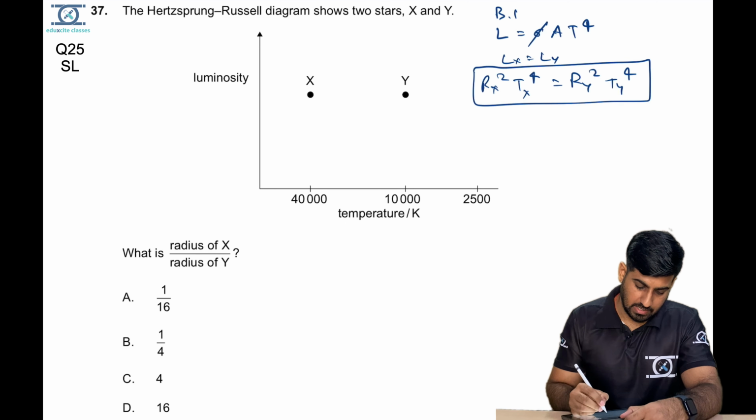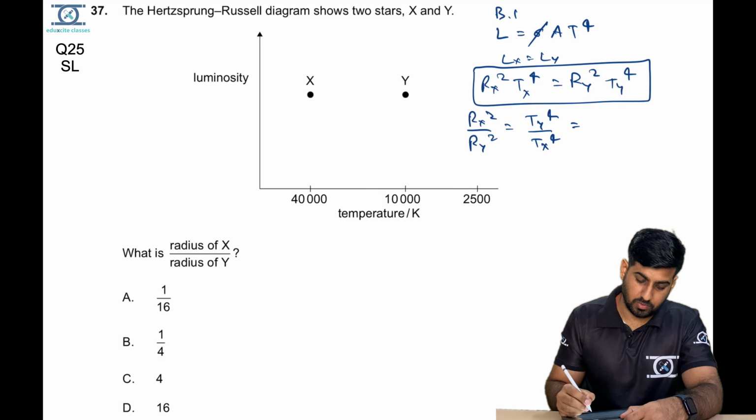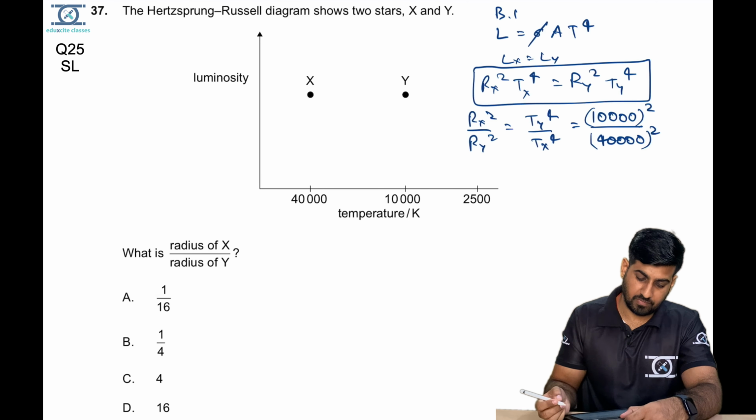Now just solve: rx square upon ry square will be Ty raised to power 4 upon Tx raised to power 4. So put in the values. Ty is 10,000 square upon 40,000 square.